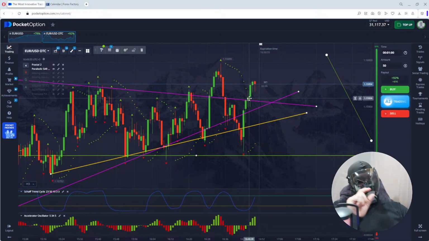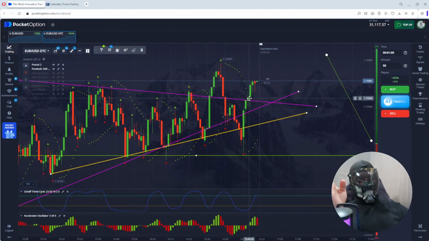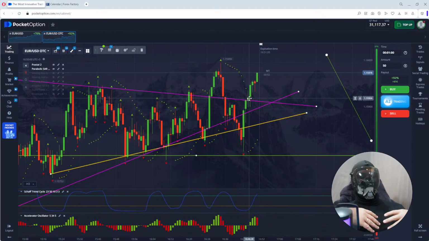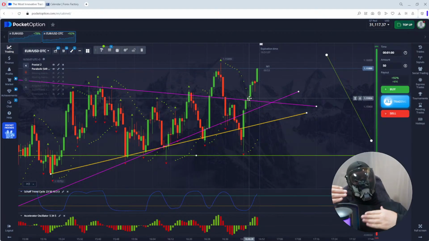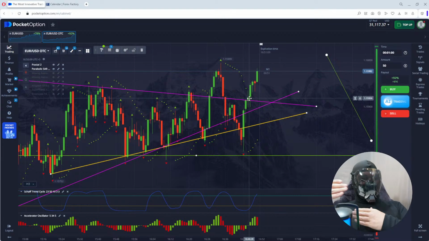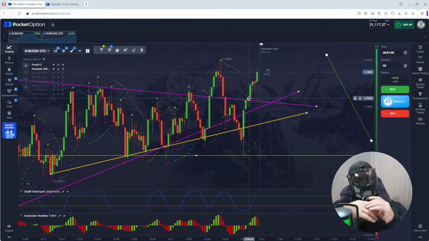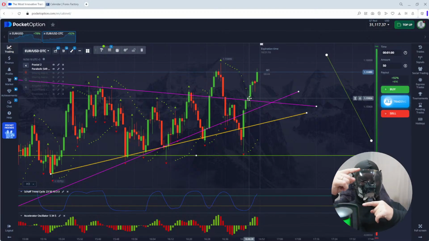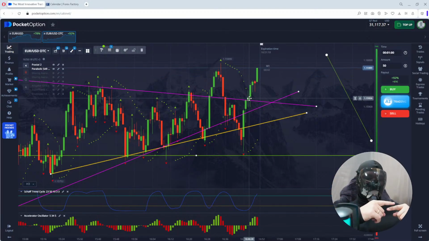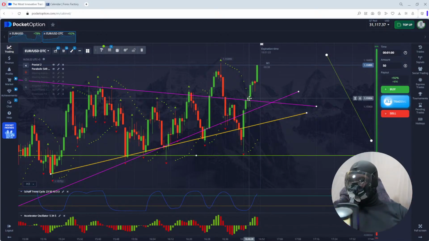So yeah, kind of getting an idea, jumping between time intervals is helpful to the point where you understand where the general trend is going. But we also need to keep in mind that within that higher time interval, there's a whole bunch of lower time intervals and lower expirations that could paint a different picture, right?